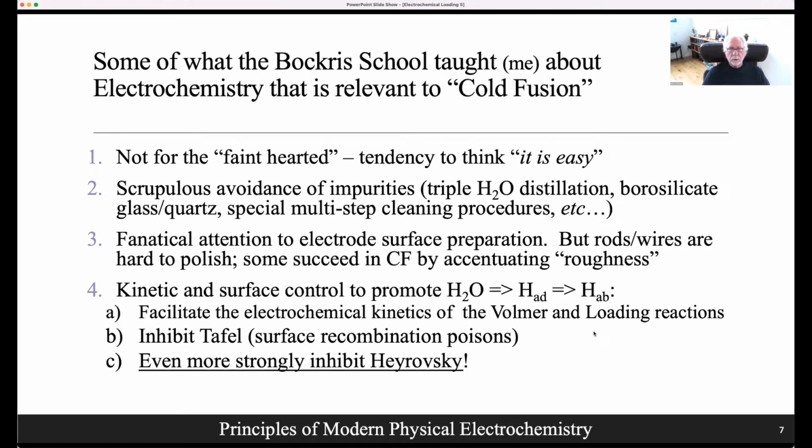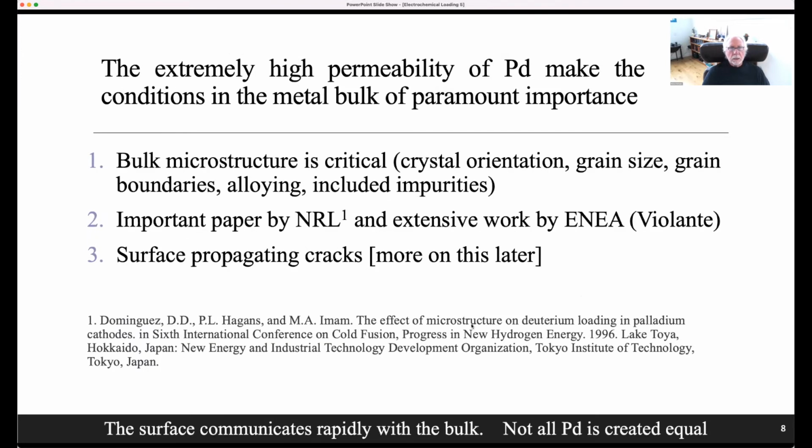I will tell you why. The extremely high permeability of palladium makes the conditions of the metal bulk of paramount importance. The bulk talks to the surface talks to the bulk. They are not decoupled, they are closely coupled. The bulk microstructure is therefore critical.